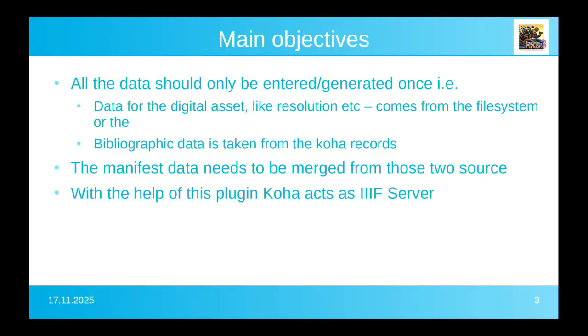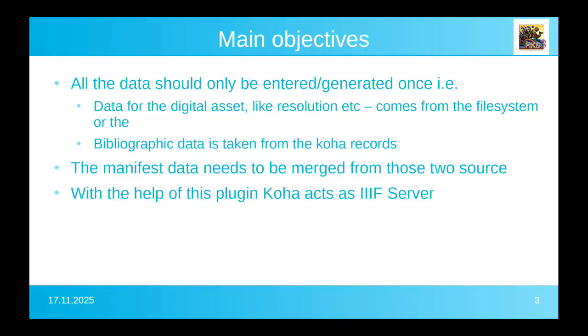And what is the data source for IIIF? In the end, it's a so-called IIIF manifest, which is a JSON file with a given syntax defined by the IIIF consortium. So in the end, I found out what we need is that Koha serves as a IIIF server.